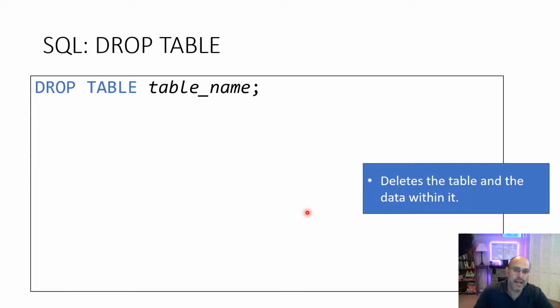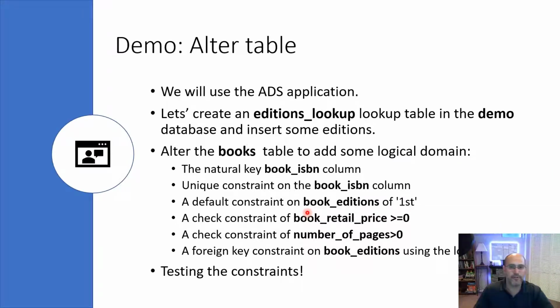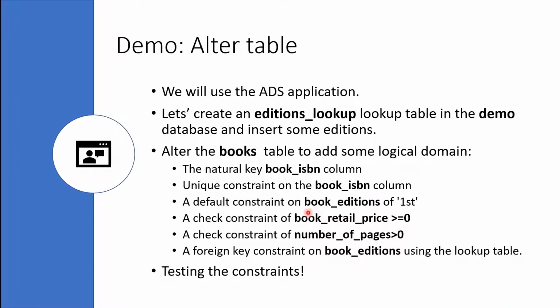So let's play around with some of this in another demo. In this demo, we're going to stick with Azure Data Studio. We're going to make a table for a lookup table. Then we're going to alter that table and add some logical domain to the books table. We're going to add some check constraints and some default constraints.